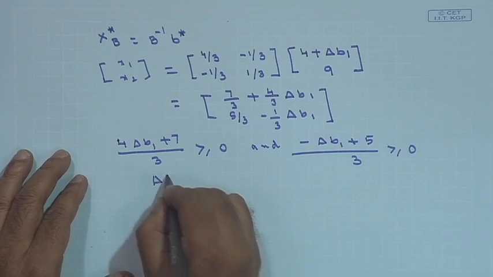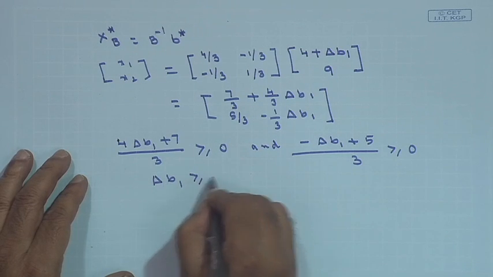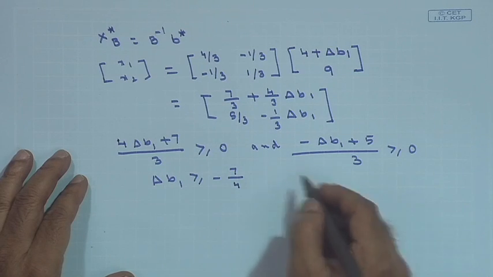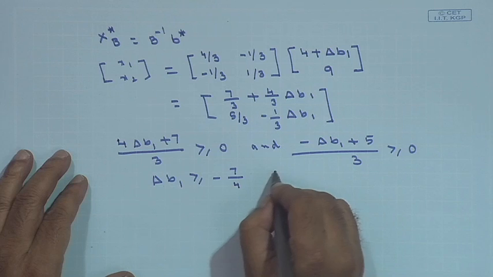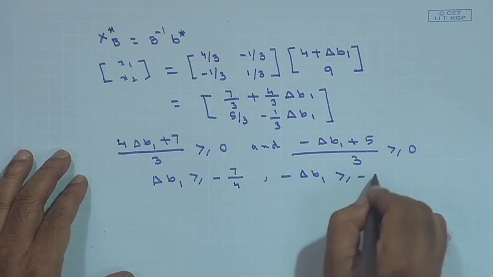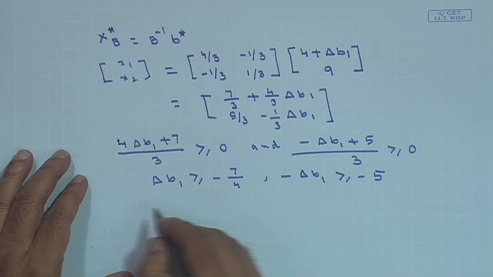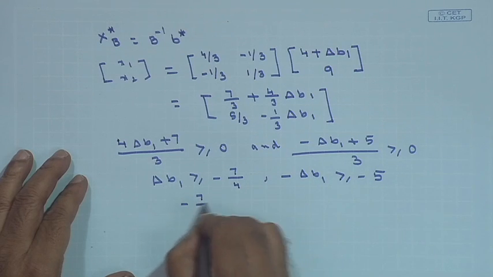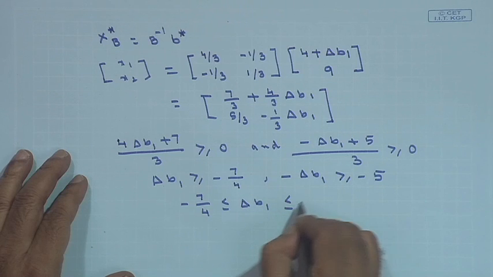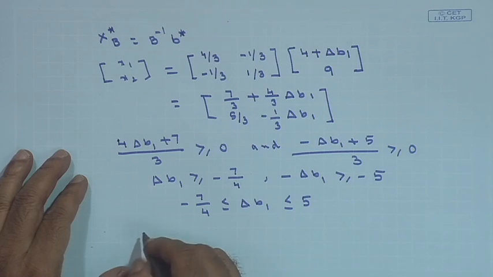So, from here you are getting delta B1 is greater than or equal to minus 7 by 4, and this one is minus delta B1 is greater than or equal to minus 5. If I combine these two, then minus 7 by 4 is less than or equal to delta B1, less than or equal to 5. So, the original value was 4.